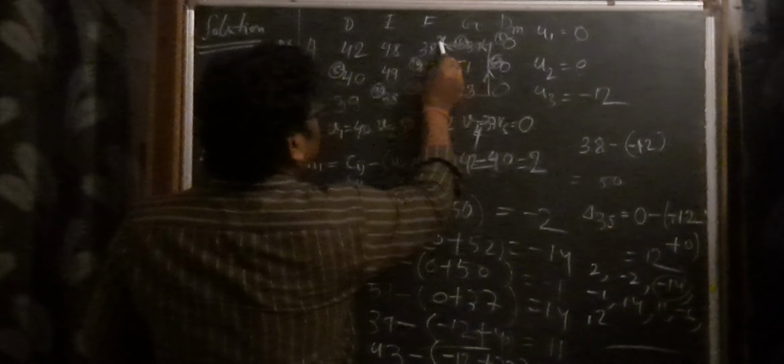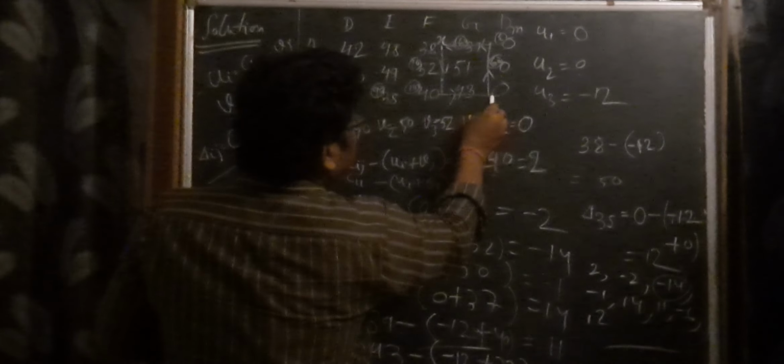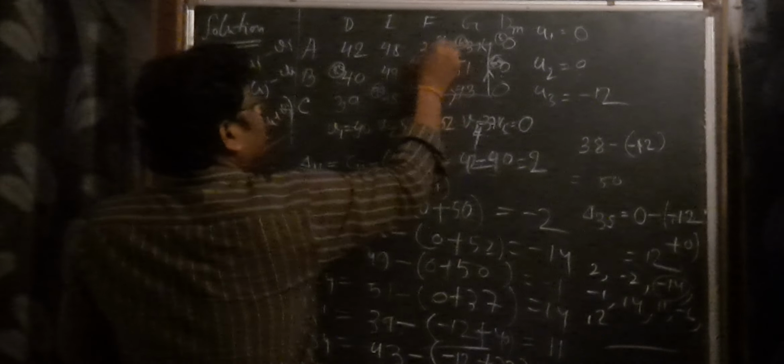So in this way we can have a closed path, starting from here, from this direction. The allocated box is here, and this is the corner cell, and this is the allocated cell, and again we are at the initial position. So this is the closed path.